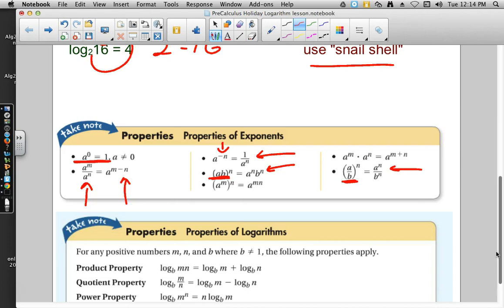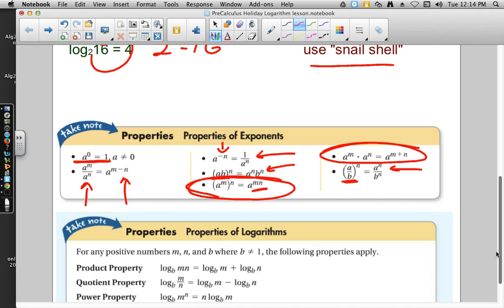Notice it's just distributing n to both the a and the b terms. When we raise a power to a power, in that case, it has to get bigger faster, and in order for that to happen, we multiply. So power to a power, we multiply. And then, of course, something we used quite a bit already this year, when we have similar bases and we need to multiply, we add the exponents.